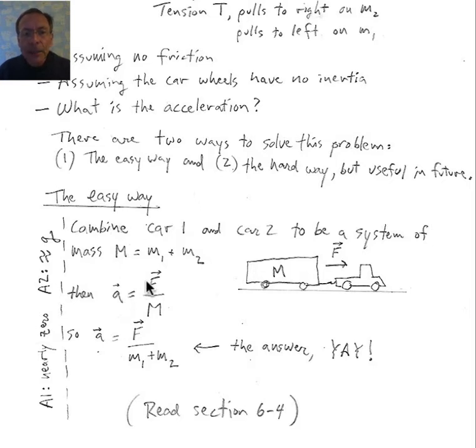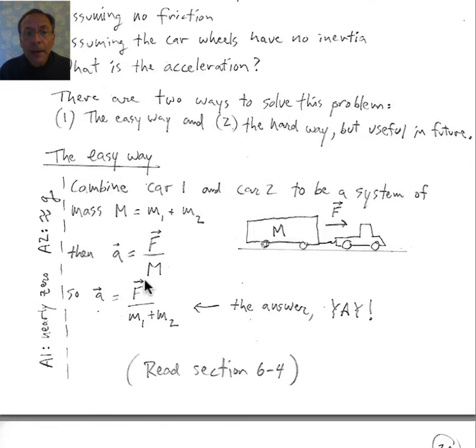The acceleration is just going to be the force from the pickup truck, or the tension on this rope, the same thing, divided by the mass of this big system, that's the two cars put together. Capital M was just m1 plus m2, and so we get the answer. The acceleration is the pulling force of the truck, or if you want, the tension in this chain, divided by mass 1 plus mass 2. So there you go. That is the answer.